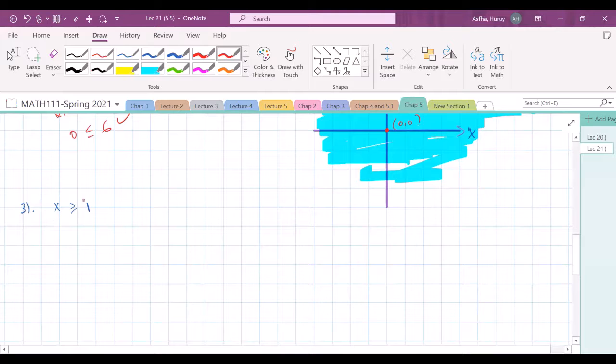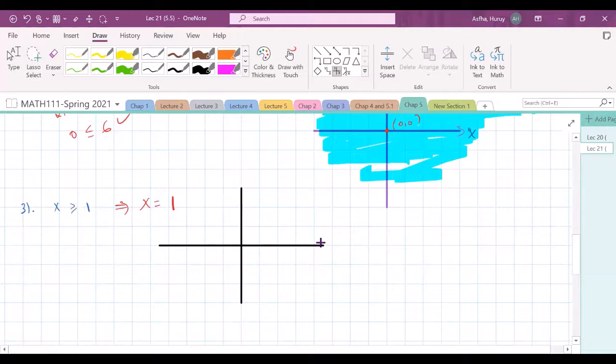For example, if we have x ≥ 1, then we can write this as x = 1, and then the graph of this one, let me use a different color.